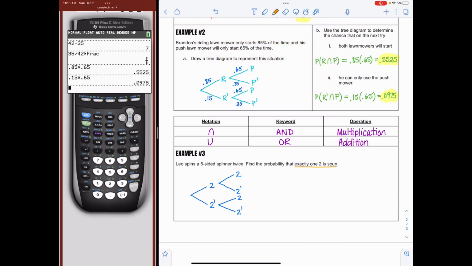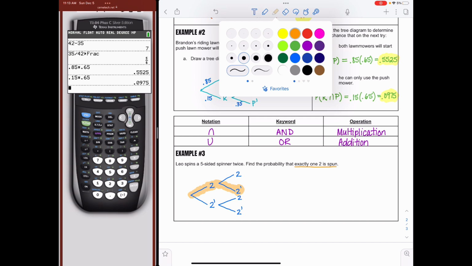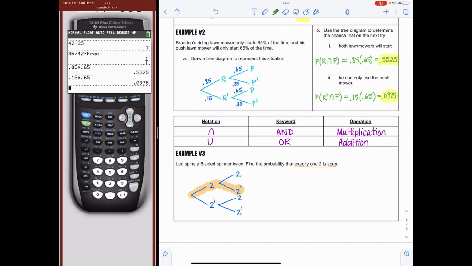So if one 2 is spun, that means that on the first one, I want to spin a 2, but on the second one, I don't need to spin a 2. Or on the first one, I could not spin a 2, and then on the second one, I can spin a 2. So I can either spin a 2 first and not spin a 2 second, or I can spin anything other than a 2 first and then spin a 2 second.